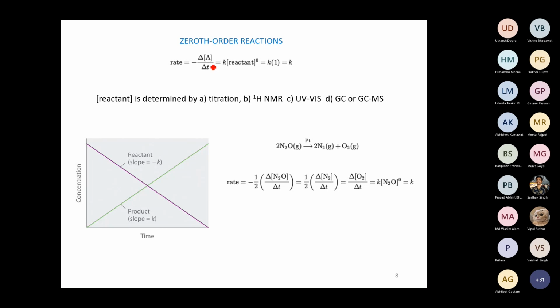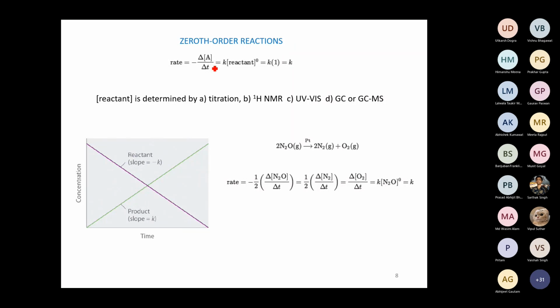So time is very important. You need to measure the time accurately along with the concentration of the starting material or product. Accuracy is very important whenever you measure the rate law by experiment.